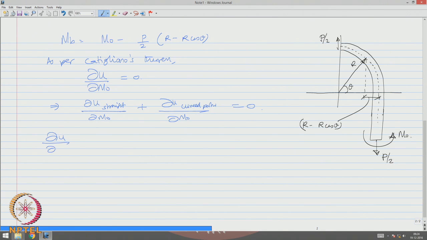So, the strain energy total is actually 4 times integral 0 to L of m by E I, because m is m 0 in the straight portion, times dou m by dou m 0, d s, that is the straight portion, plus curved portion segments 0 to pi by 2, 4 in number. The moment in this case is going to be m b, therefore, m b by E I times dou m b by dou m 0 d s, and that should be set to 0.